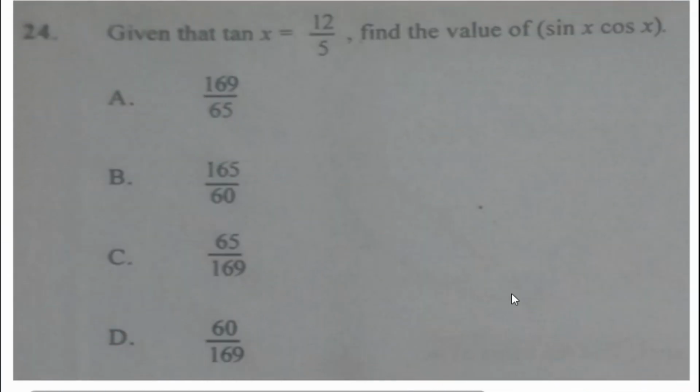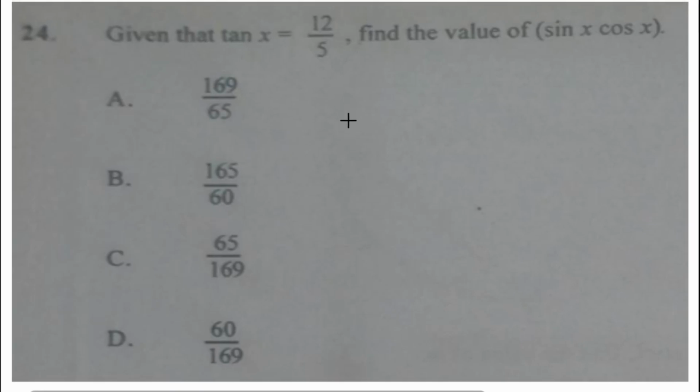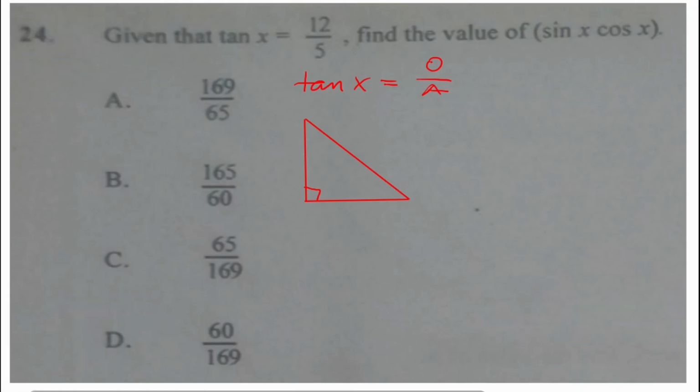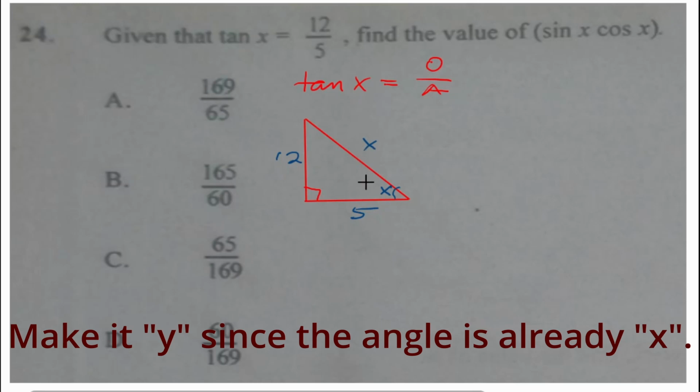Question 24 says that given that tan x equals 12 over 5, find the value of sine x cos x. First of all, as we just saw in the previous question, the tan of an angle is opposite over adjacent. So it means that taking this to be a right triangle, if this is x, then the 12 is here and the 5 is here, and now we need to solve for this side.